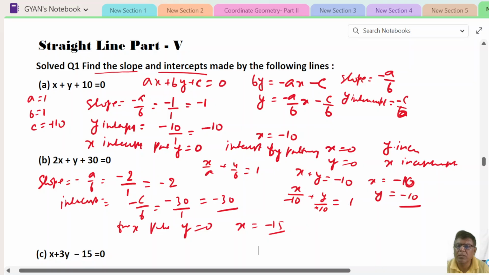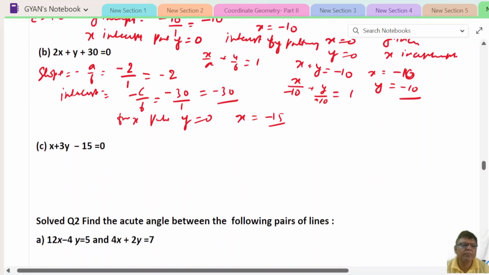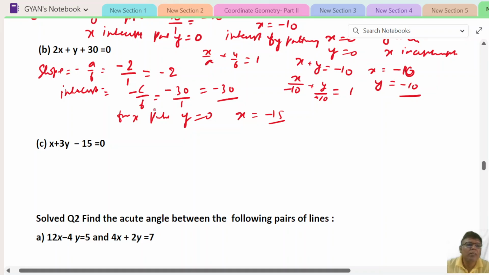Now come to the third. So here slope is minus a by b, which is equal to minus 1 by 3.